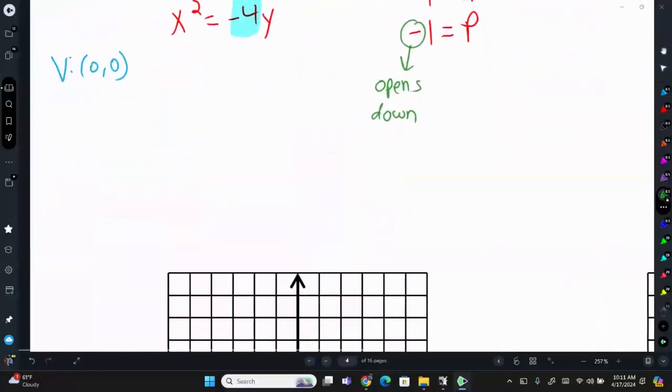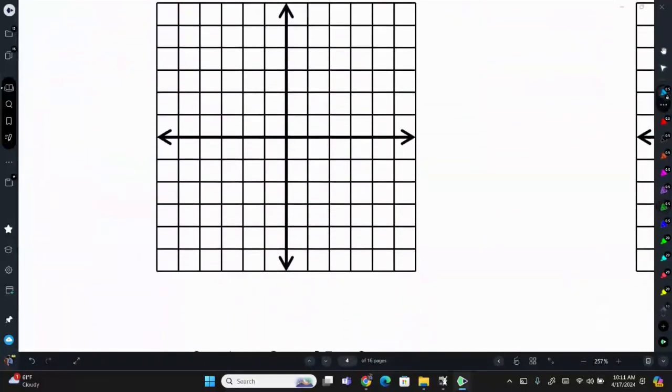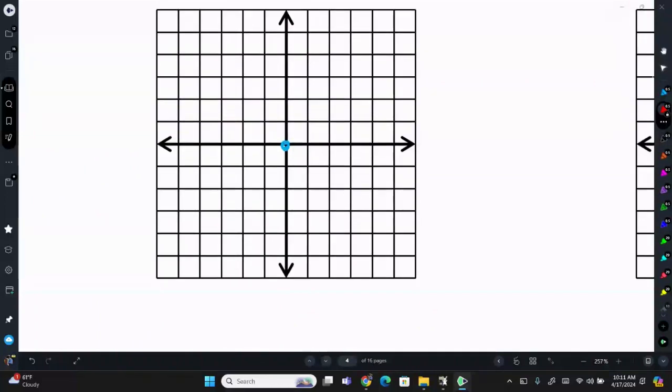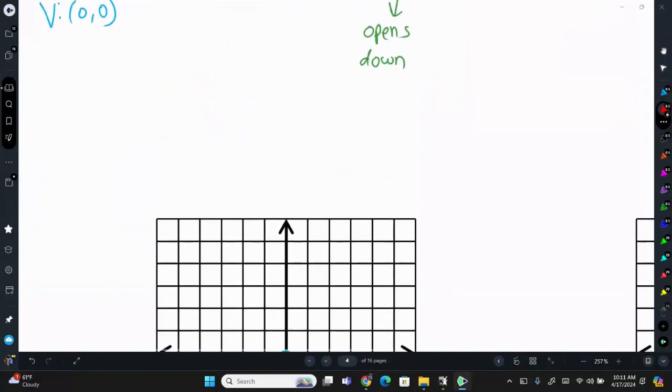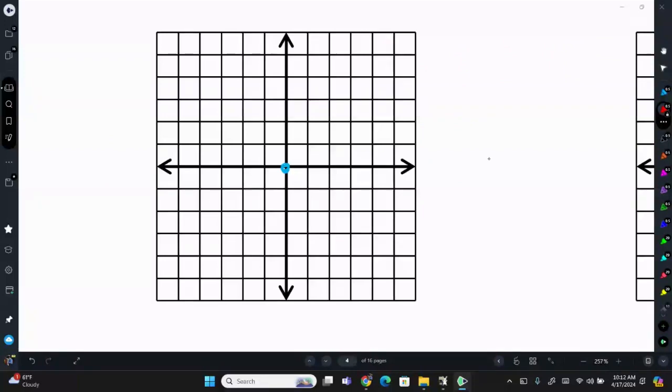So I'm going to go and plot the vertex 0, 0. And we know it opens down. We know that the focus is 1 unit away from the vertex. And since it's open downwards, it's going to be here. This is our focus.